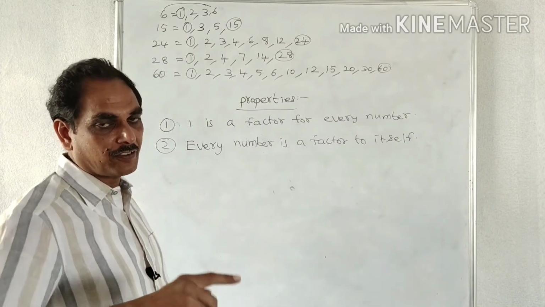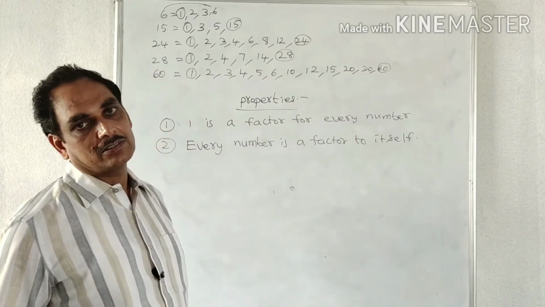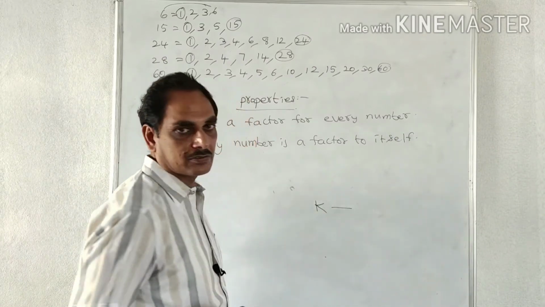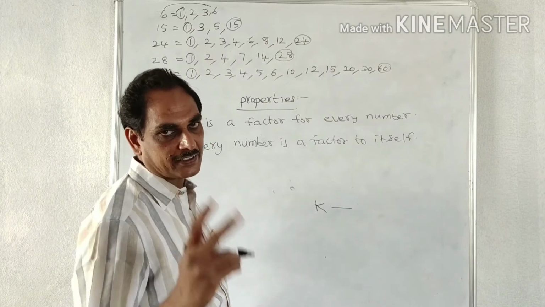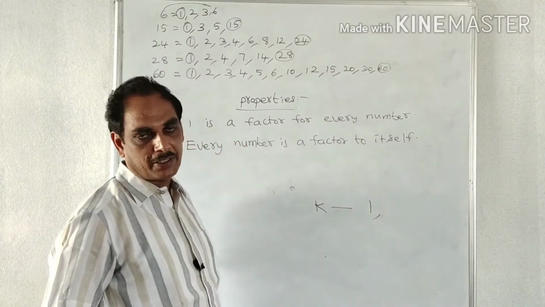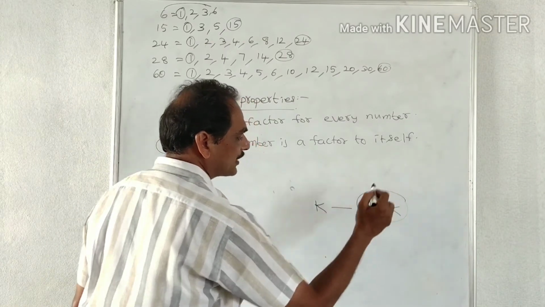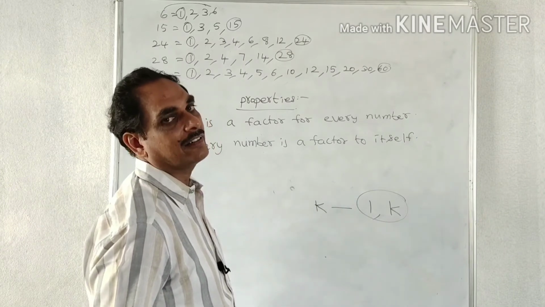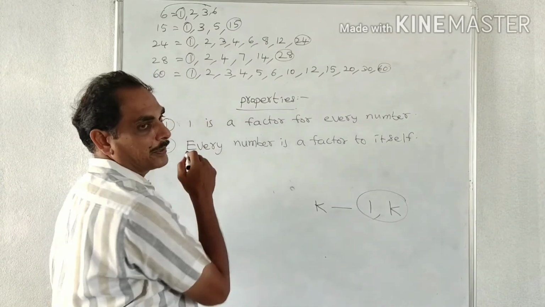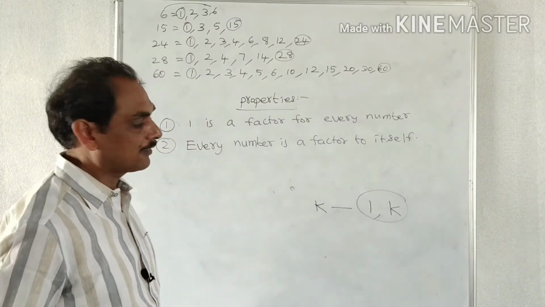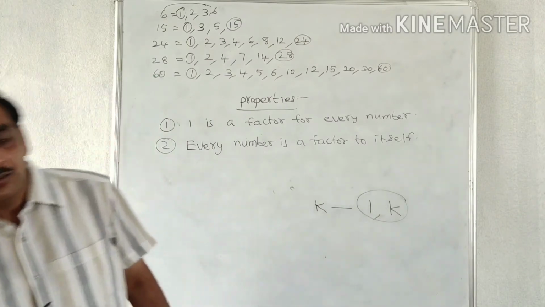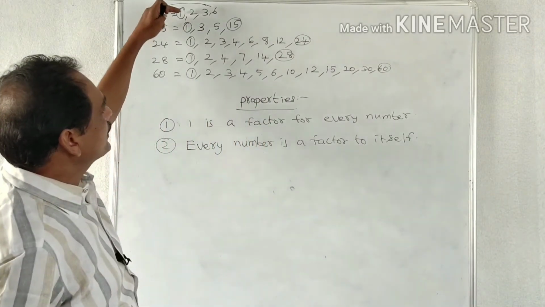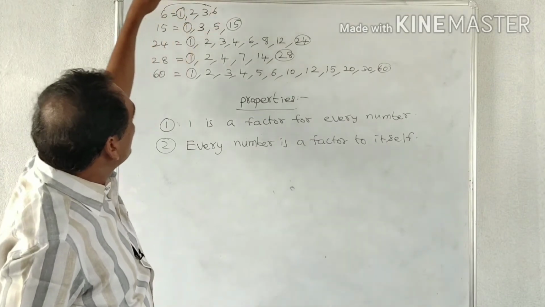Those are, 1 is a factor for every number and every number is a factor to itself. Suppose we are going to find an unknown value k, what are the factors of k? We can easily say two factors: 1, k are two factors of k. Without dividing, from these two statements, we can say that 1, k are the factors of k whenever you don't have any number.